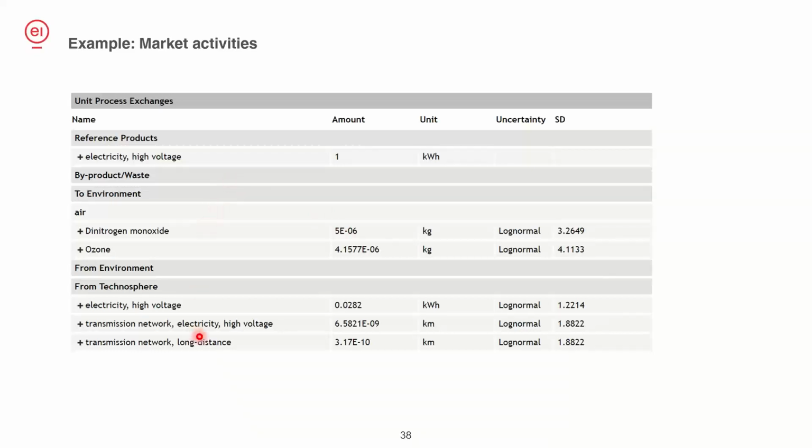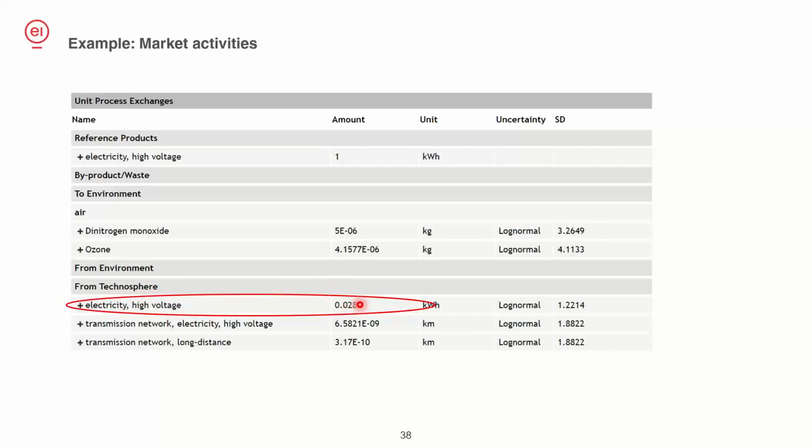This is how it looks like in EcoQuery. We have in the unit process a reference product, here electricity high voltage, with 1 kilowatt hour as a unit. And what is interesting here is that we have a representation of the losses. Markets represent also losses, the electricity in this case that is lost during transmission.